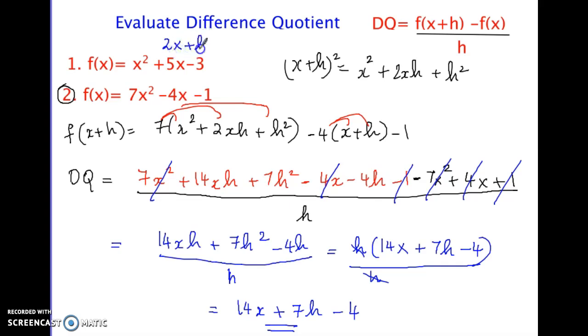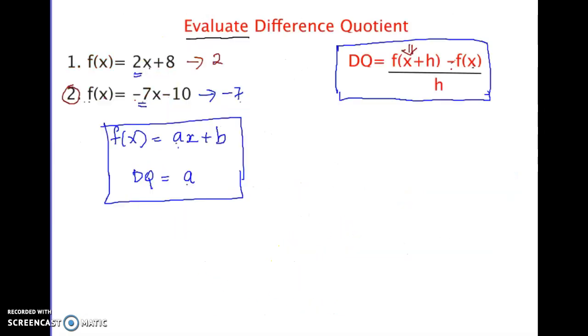Now, in the first question here, our answer was 2x plus h plus 5. That was our answer for the first question, right? So remember how in the last section, when we had f of x of the type ax plus b, we could have easily figured out the difference quotient to be a.